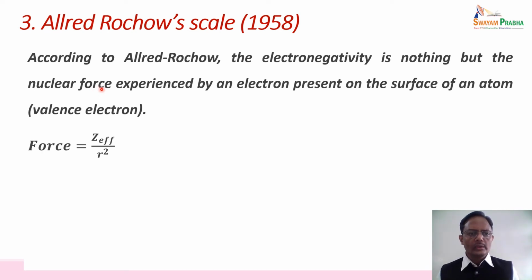Now, we know that the force of attraction between two different charges is equal to Z effective divided by R square. It is the force experienced by the electron, where Z effective is the effective nuclear charge experienced by the electron, and R is the distance between the nucleus and the outermost electron, that is the radius of the atom.